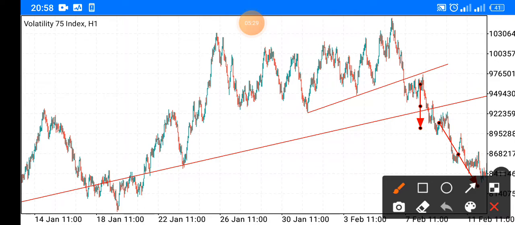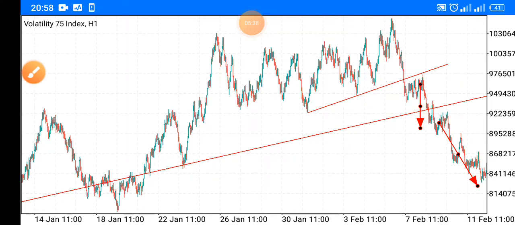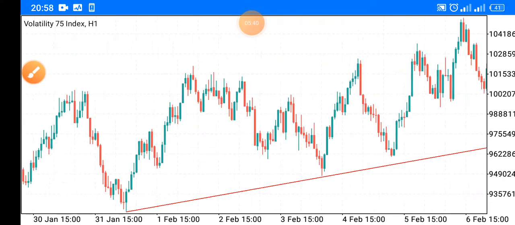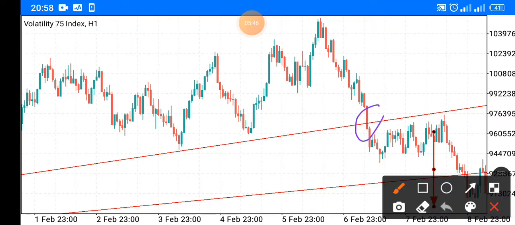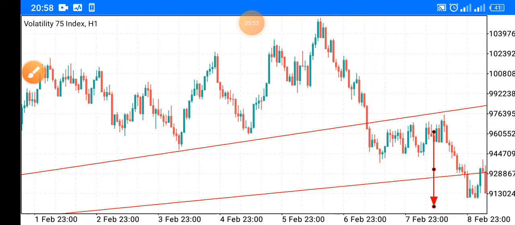Then for our regular pattern, right here, we've got our trend line. It gets broken right here. And that's why I'm saying you should look at the candlestick that breaks the trend line. This is a fast moving candle. There is no hesitation, as in there are no wicks. So most probably this trend line is going to work out.